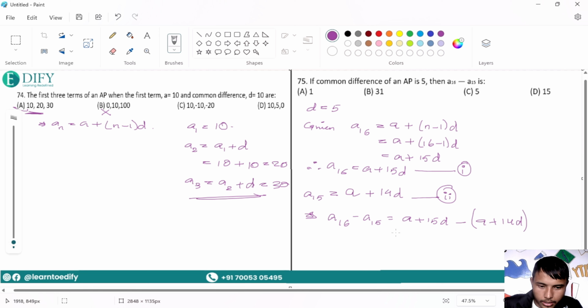Then we solve: A plus 15D minus A minus 14D. Here A cancels with A, A minus A. So we have 15D minus 14D, which is nothing but D. And what is the value of D? 5. So the correct answer is option C.